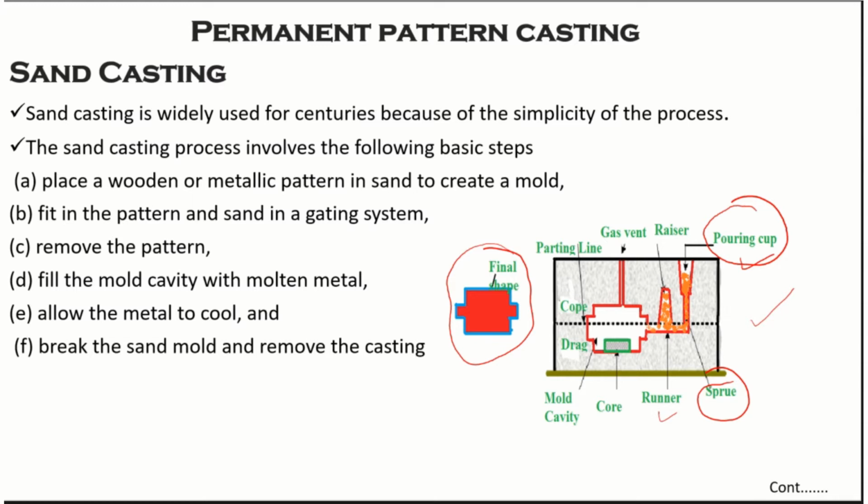Then the mold will be filled with the liquid metal, and we also use a riser as a reservoir of the liquid metal. After all, the liquid metal will be solidified for some time. Once the liquid metal is solidified in the mold cavity, the desired part will be taken out from the mold by breaking the sand mold.